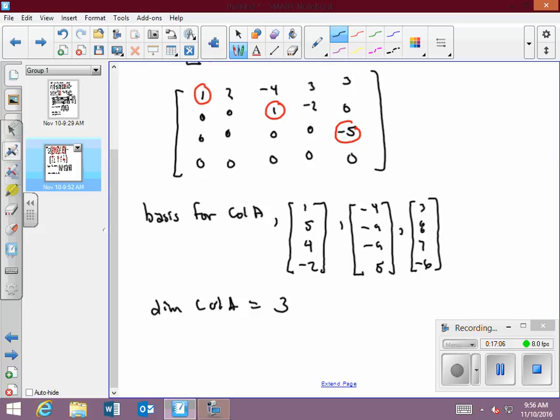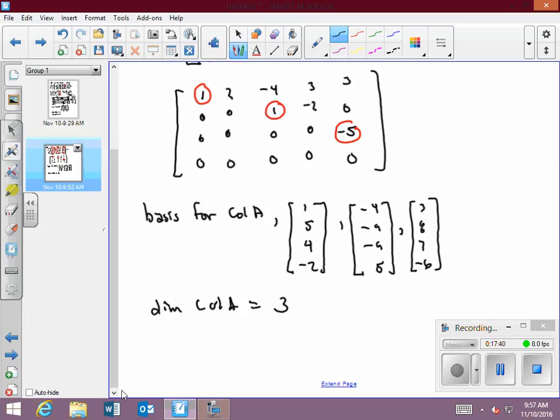Because if you look back, the rank and the dimension are the same, and in Theorem 14 it says if the matrix A has n columns, then the rank of A plus the dimension of null A equals n. So there are 5 columns. Dimension of column A is 3, so therefore the dimension of null A is going to be 2.